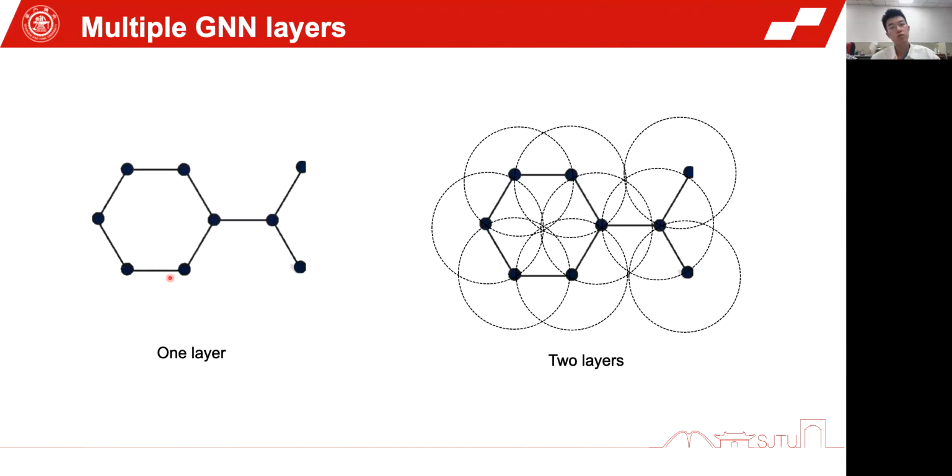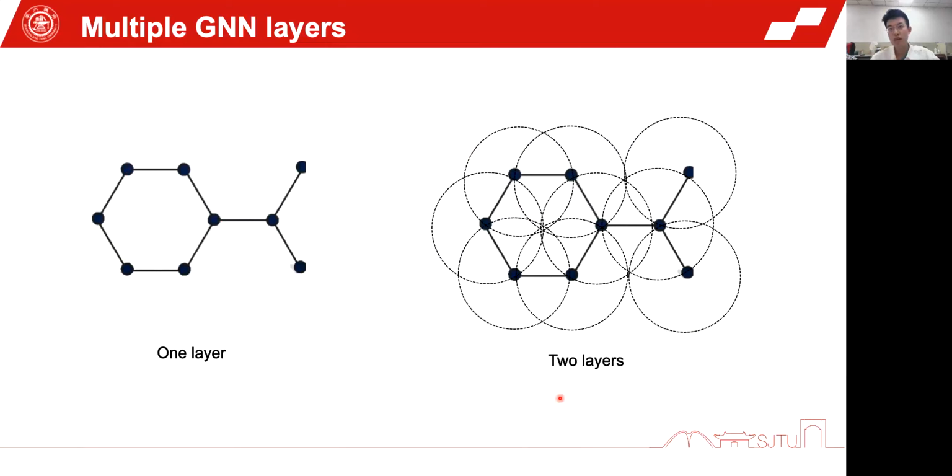So let's talk about how stacking multi-layer GNNs works. We can explain this using this figure. In the beginning, the nodes only know about themselves. In the next step, this figure is a case of one layer.